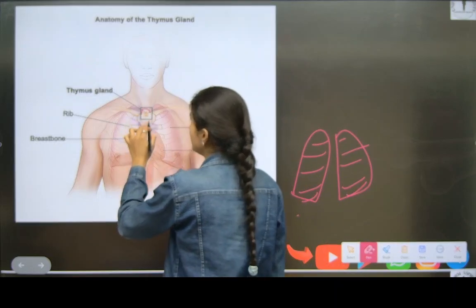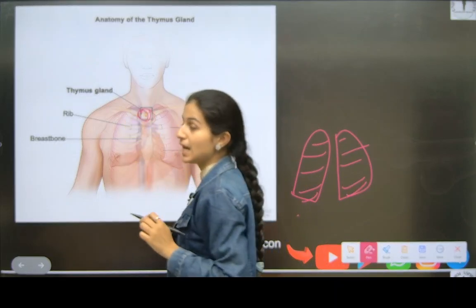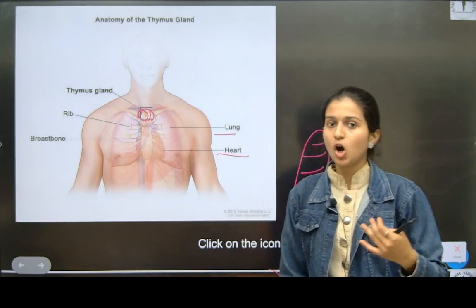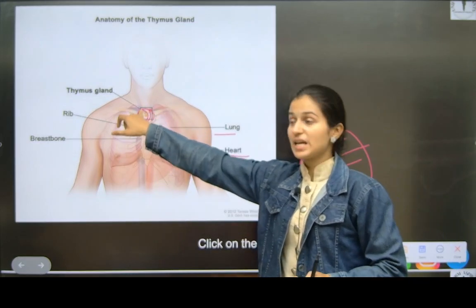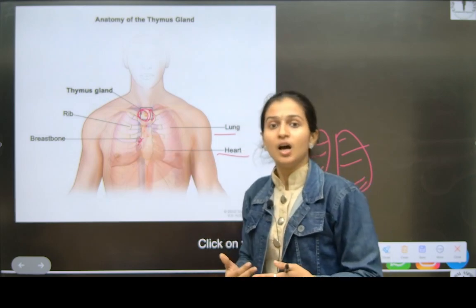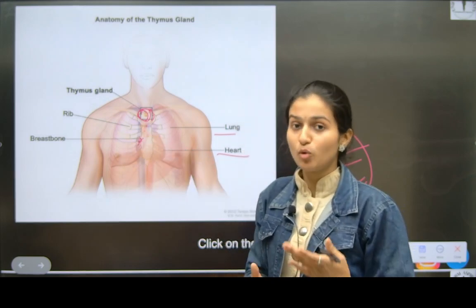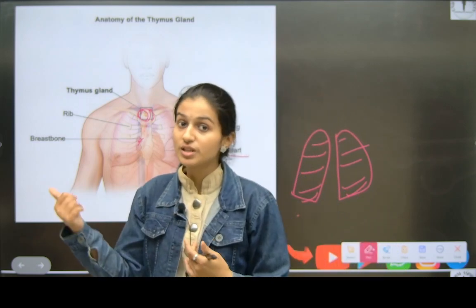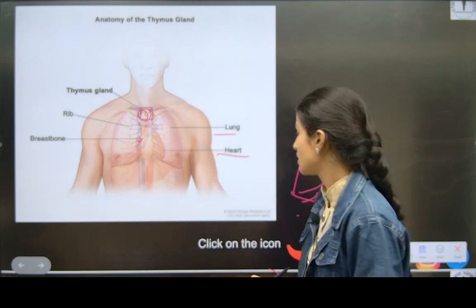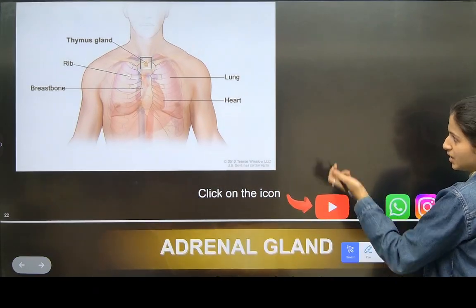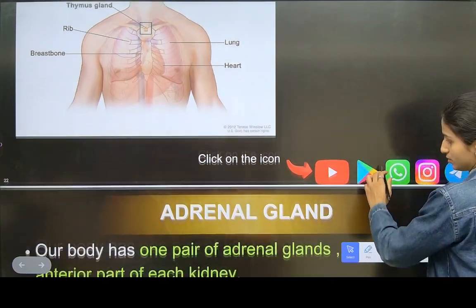And here the thymus gland is present, which produces thymosins, a hormone. It helps in promoting antibodies and increasing our immune system, which is a very important function of our body. It is present in the chest only, but the upper chest.